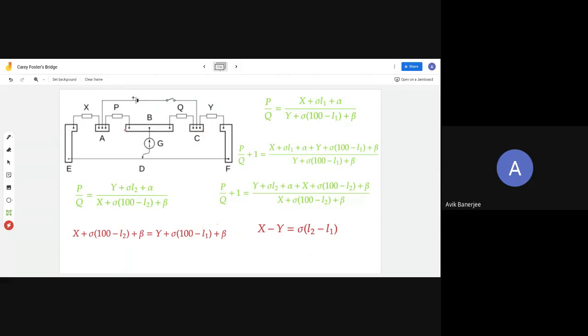Now we'll reverse the configuration. We'll connect the resistor X in the right gap and Y in the left gap. We'll swap this and we'll try to find out the stable configuration, the stable condition of the bridge.